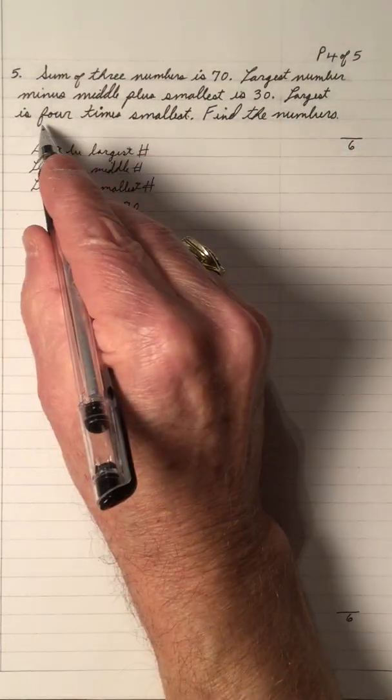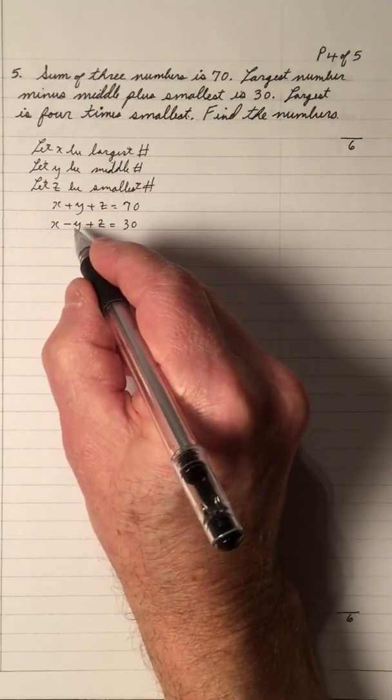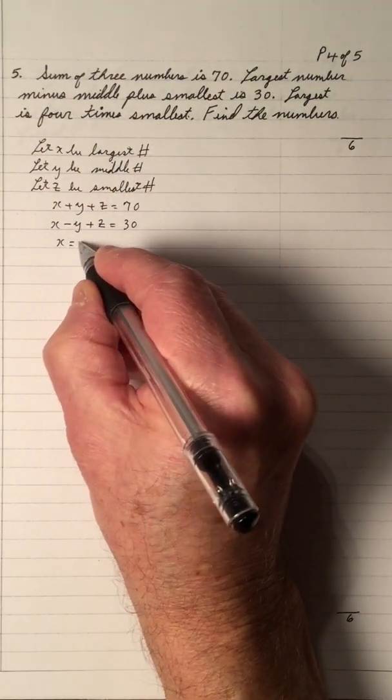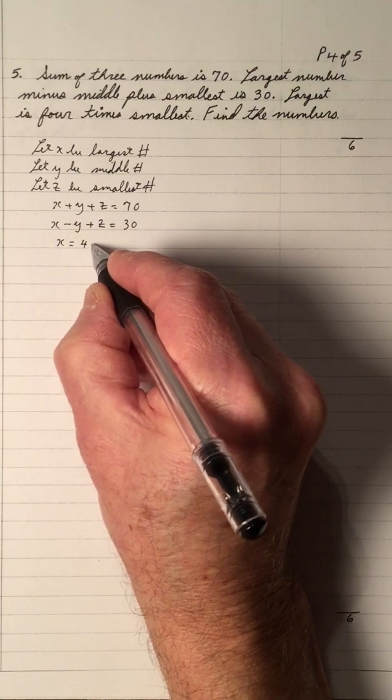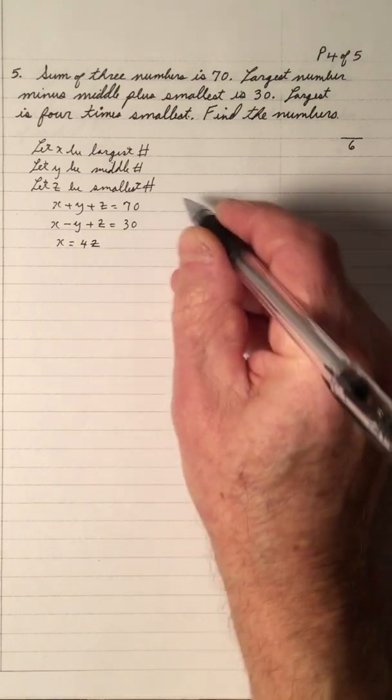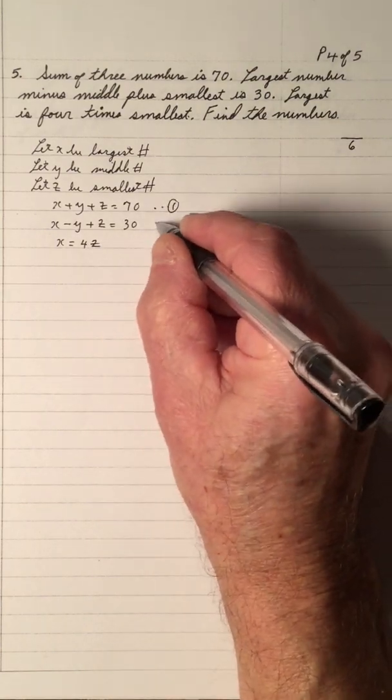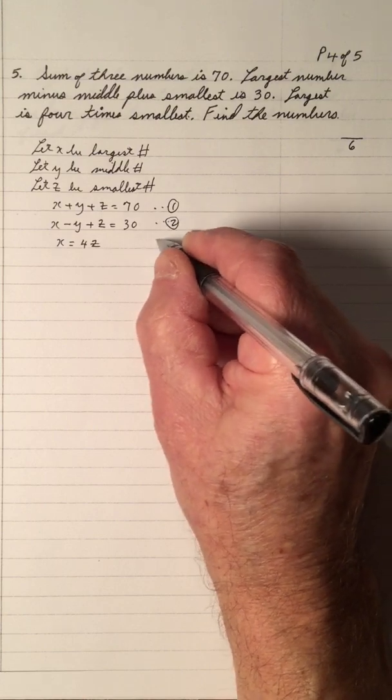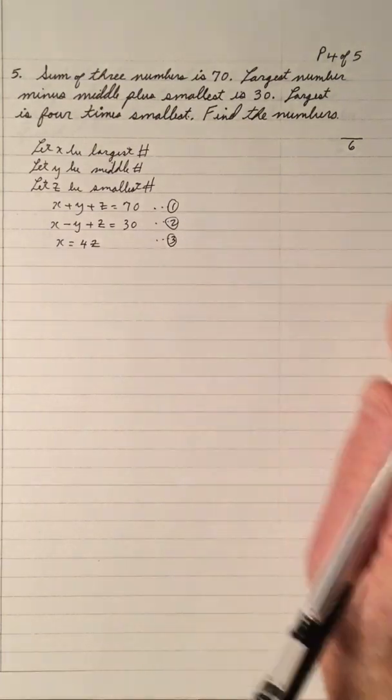And the largest is 4 times the smallest. The largest number x is 4 times the smallest, which is z. So we have 3 equations. Number them. Now we're going to solve them.